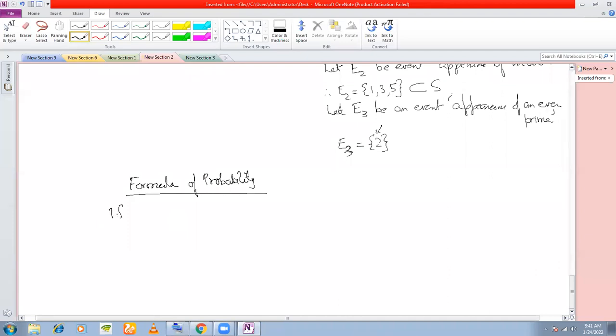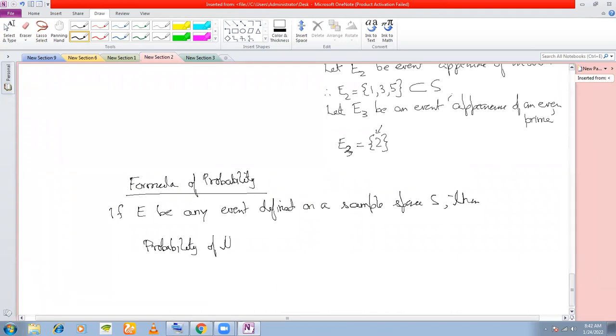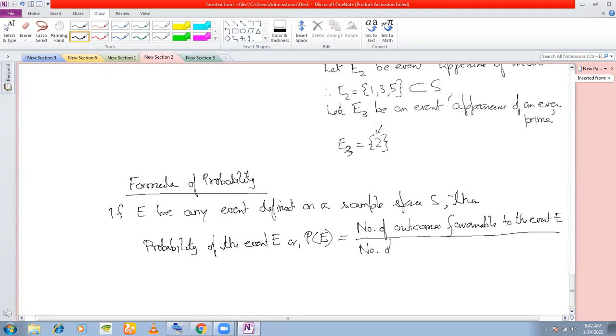The formula for probability: if E be any event defined on a sample space S, then the probability of the event E, written as P(E), is equal to the number of outcomes favorable to the event E, divided by the total number of possible outcomes.